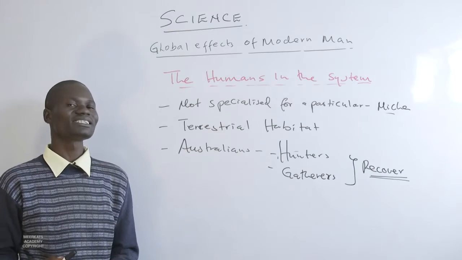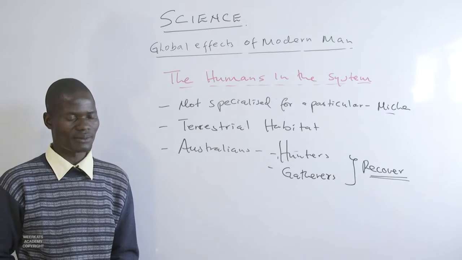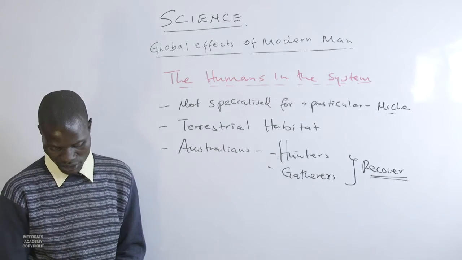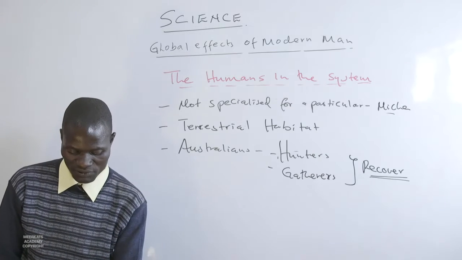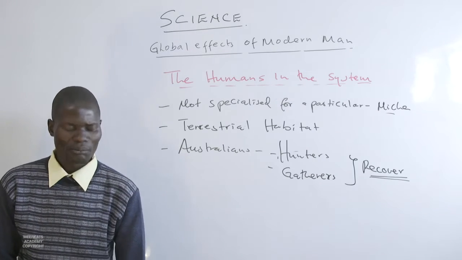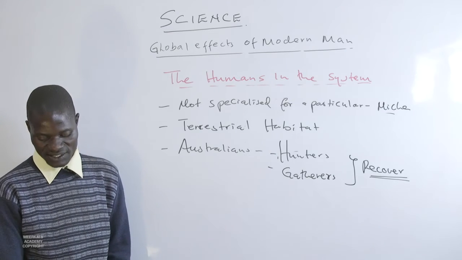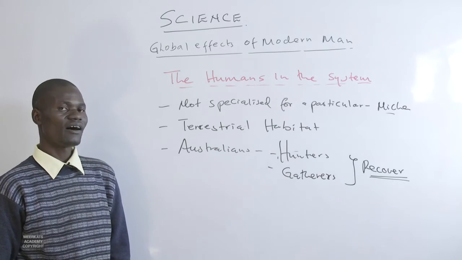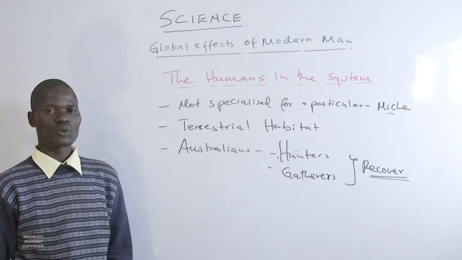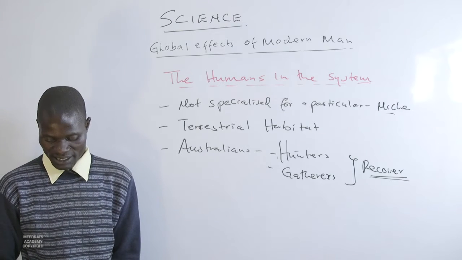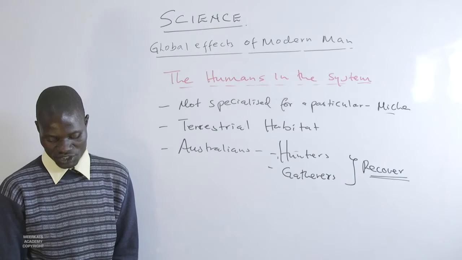That is the humans found in the system in ancient periods, such as the Aboriginal people of Australia.